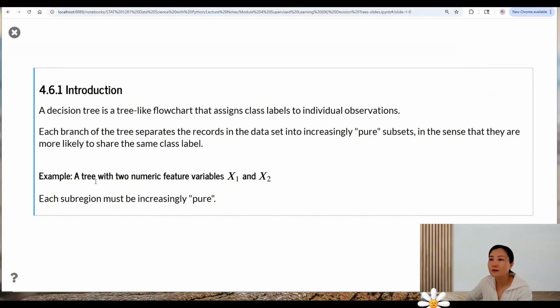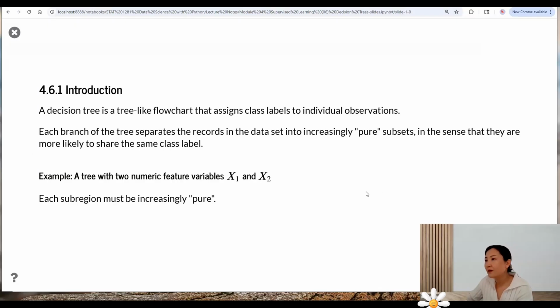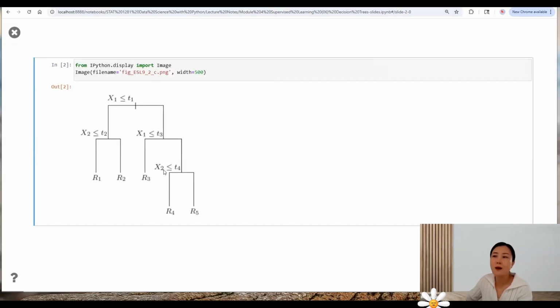For example, consider a tree with only two numeric feature variables, x1, x2. Let's see the following diagram. All the training data points are here at the root. And then the tree chose to use x1 to do the first split, and the threshold is t1. If x1 is less than or equal to t1, go to the left branch, otherwise go to the right branch.